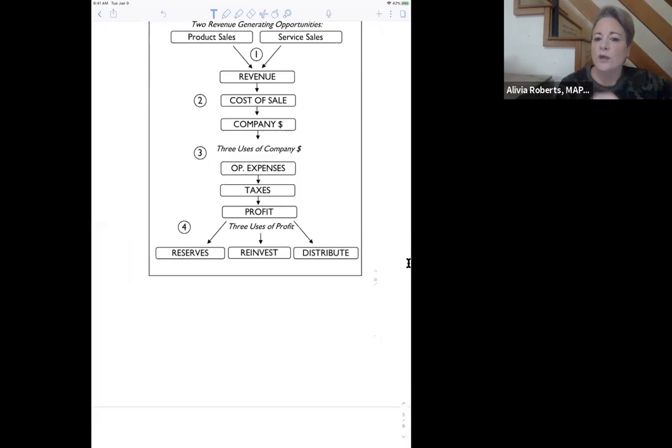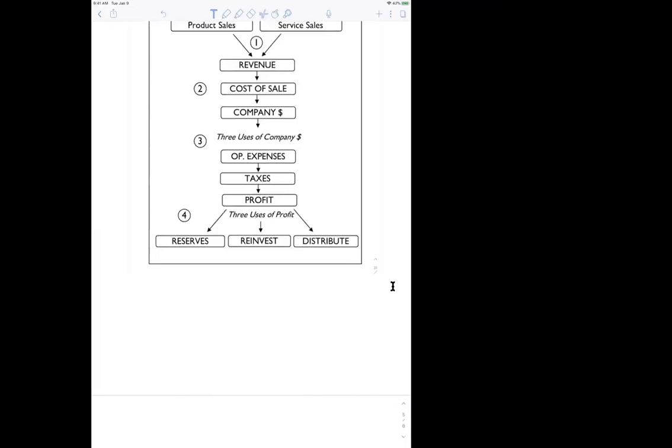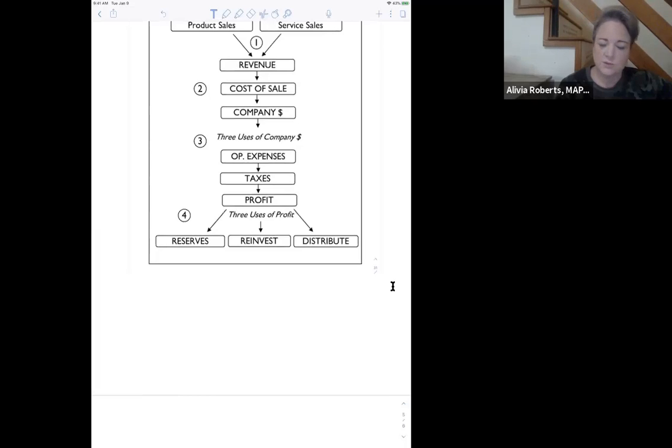And then we have 3 ways to use our business profit. We might put it in our business reserves. We might invest or reinvest it in our people or in lead generation, marketing, that type of thing. Or we might distribute it to the owners of the business, as an owner's draw and owner's distribution.